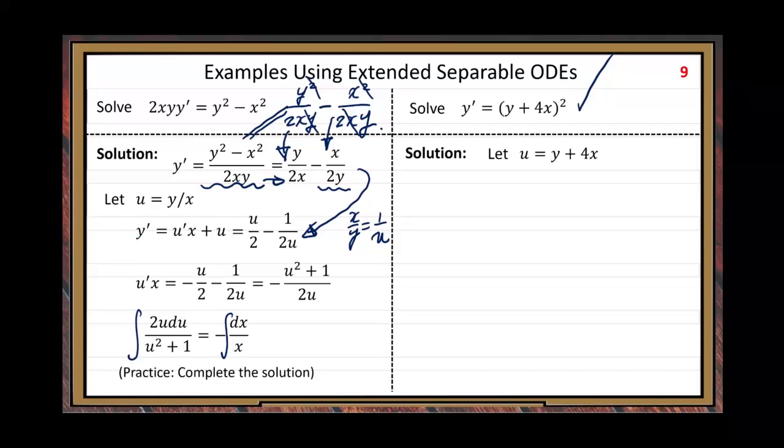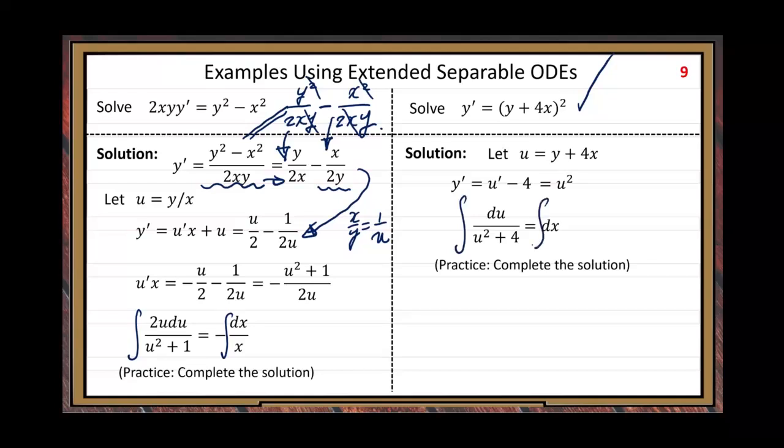Then we take derivative, y prime equals u prime minus 4. Then the right-hand side is simply u squared. So then you can see it's very easy. We can write it as a standard separable form, like this. After that, we take integral both sides.